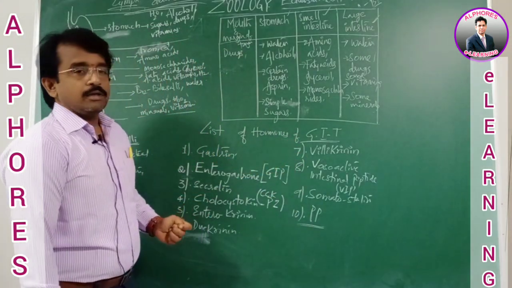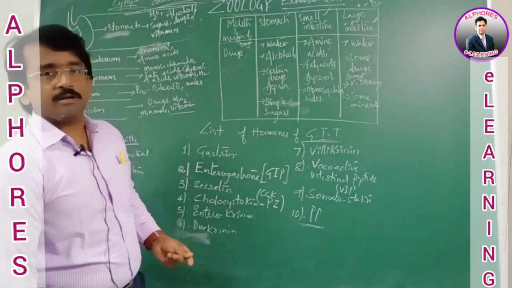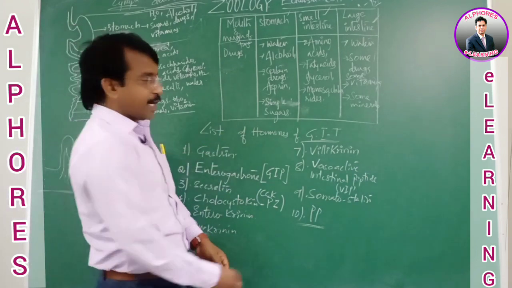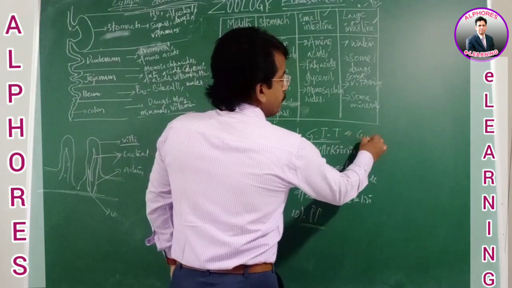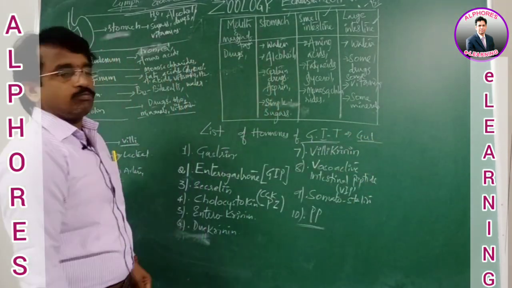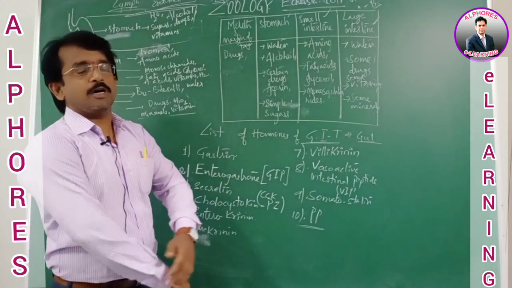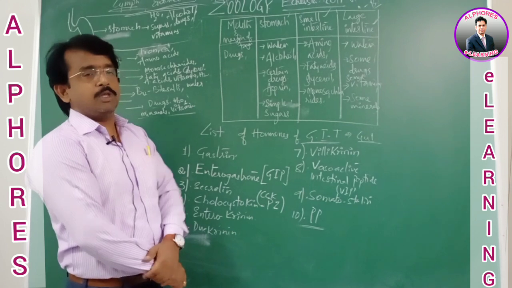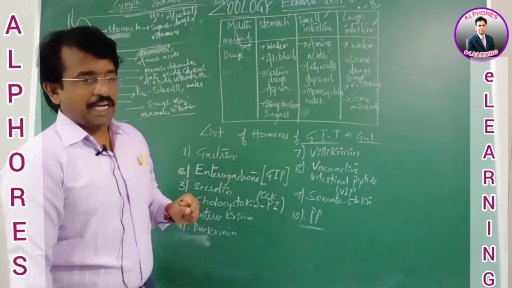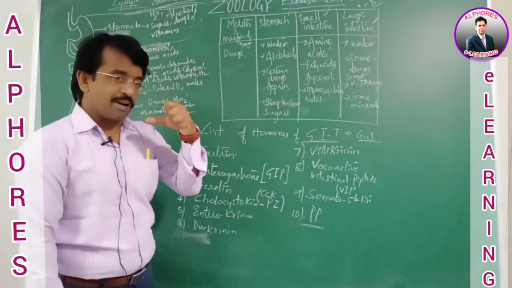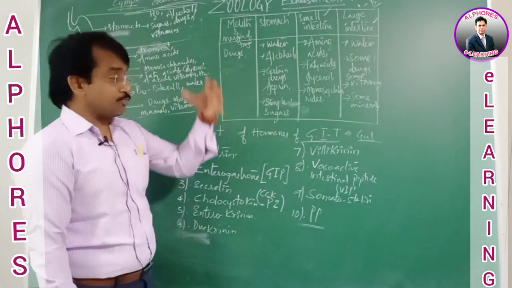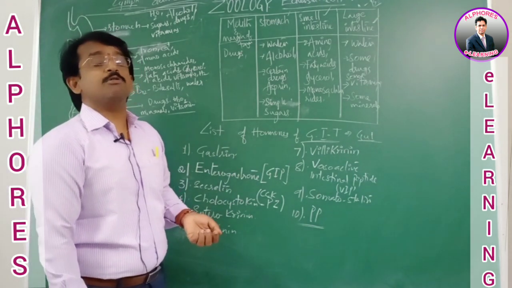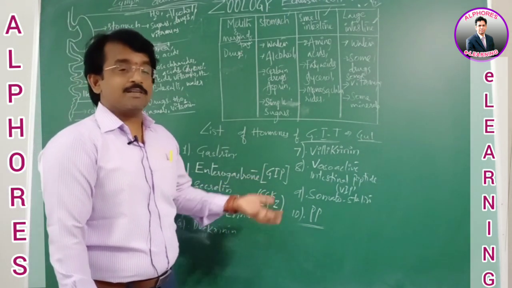Then the gastrointestinal tract hormones, the hormones from the gastrointestinal tract or the gut. We have discussed that neural activity and hormonal activity also influence the digestion process or gastric activity. So far we have discussed the neural activity, that is the intrinsic neural system and extrinsic neural system.